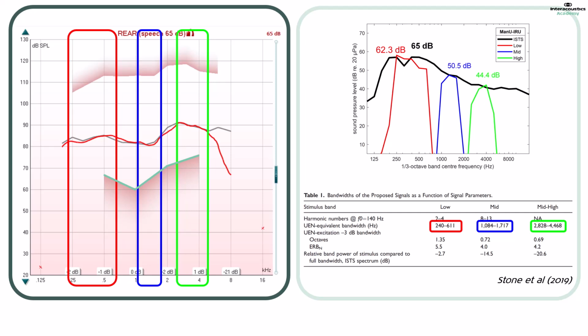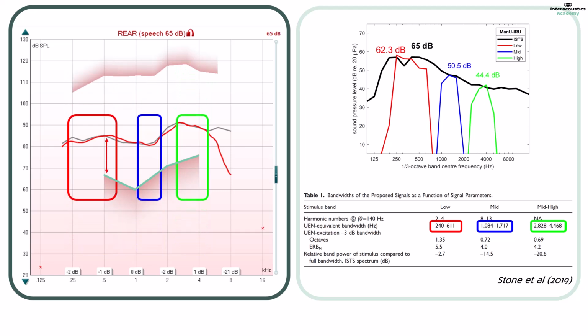We are interested in how much audibility the hearing aid output provides, so let's focus on that area. For each frequency, we can see that the hearing aid output is definitely greater than 10 dB above the patient's threshold. Therefore, we could sensibly test any of the 65 dB Manu-Iru speech tokens, expecting to see a cortical response.